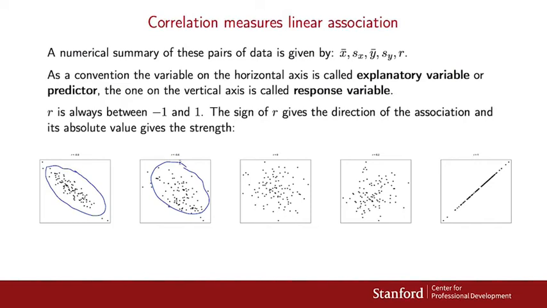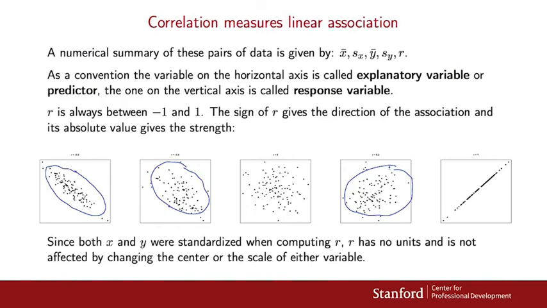Now let's go to positive correlation coefficients. If r equals 0.2, we get an upward scatter, which is rather loose. Finally, if r equals 1, the scatter slopes upward and everything falls perfectly on a line. These examples give you an idea how to think about the correlation coefficient.